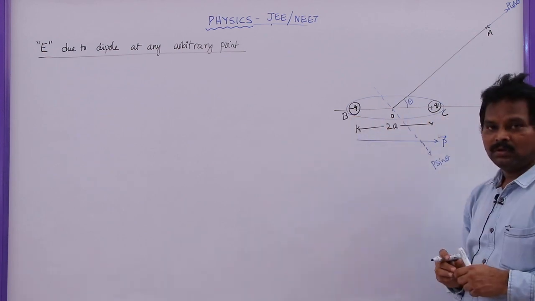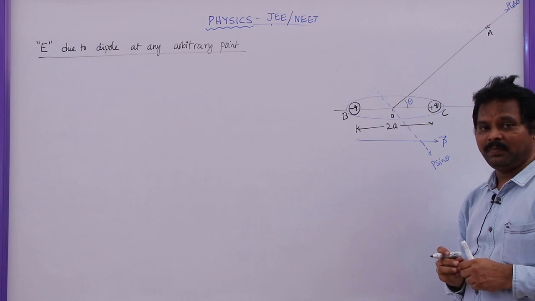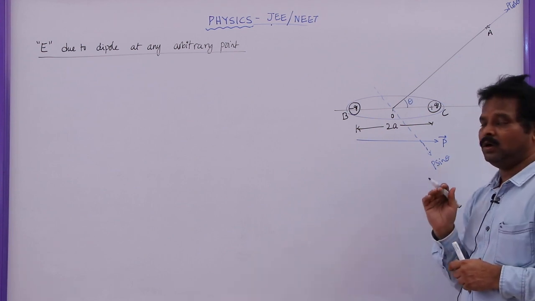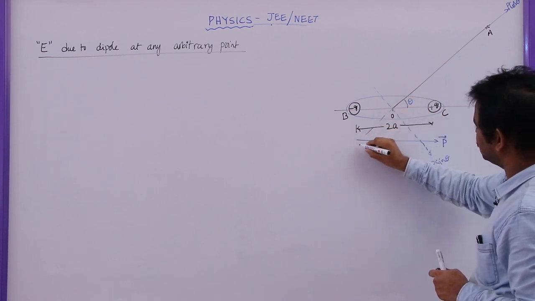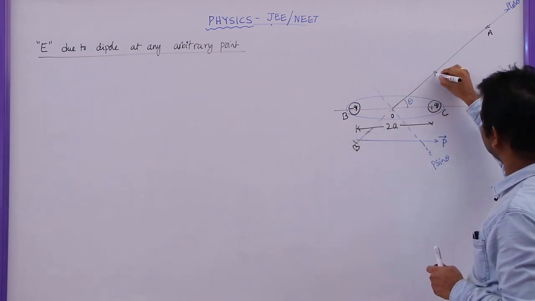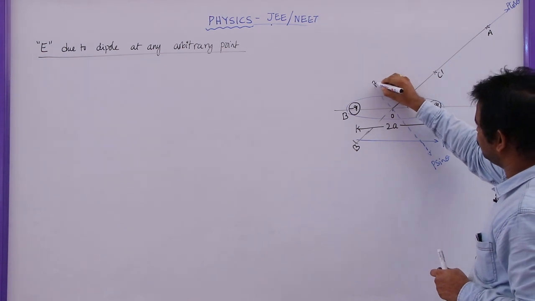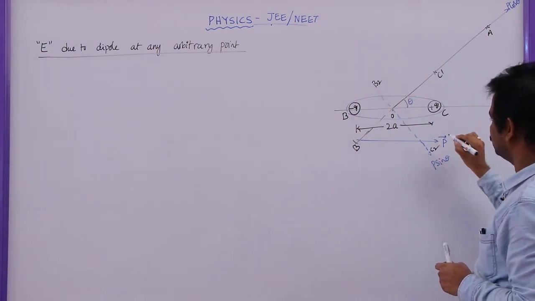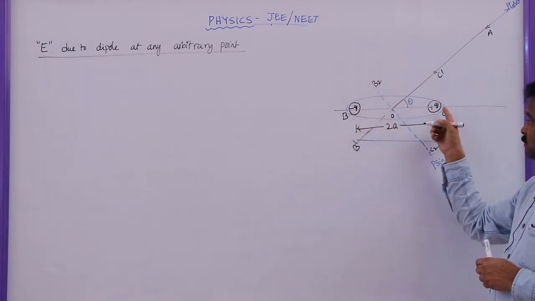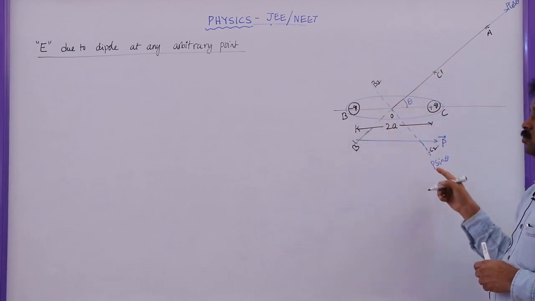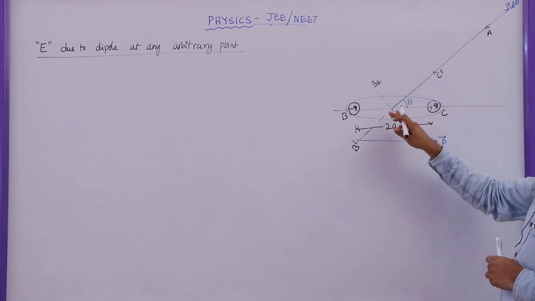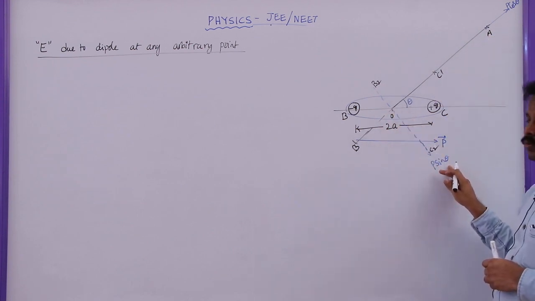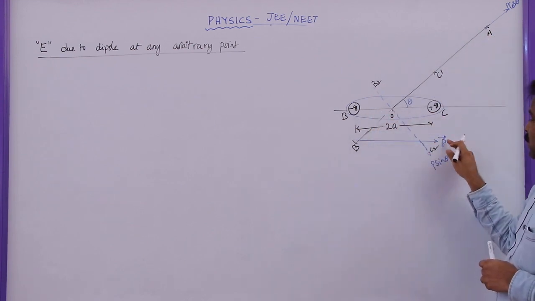BC is the dipole. So this BC dipole is made up of two different small dipoles, along this and along this. So let me take these as B1 C1 and B2 C2. So here I got this BC due to the resultant of these two small dipoles. Why? Because we know that the square root of (p cos theta) whole square plus (p sin theta) whole square will become p bar.